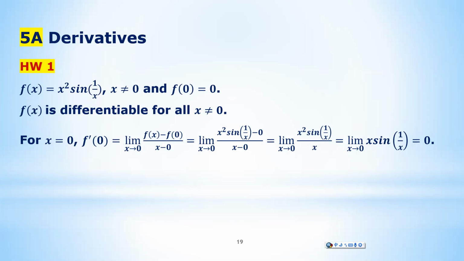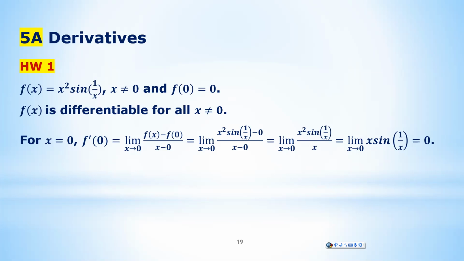And this limit exists and is equal to 0, because when x goes to 0, x goes to 0, and sine 1/x is a bounded function. It's bounded by 1. So the whole thing will still go to 0. This shows that at x equals 0, the function is also differentiable, with the derivative at 0 equal to 0. So that's the result of that.